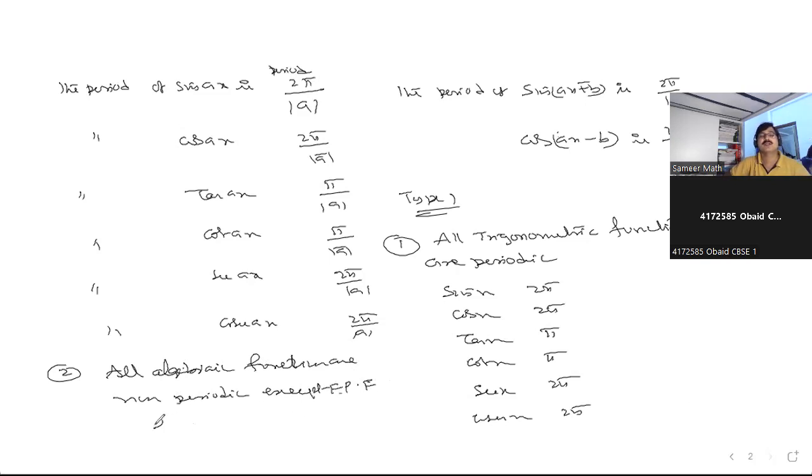What is that? f(x) is equal to, you can write like this, in flower bracket {x}, or else x minus [x].